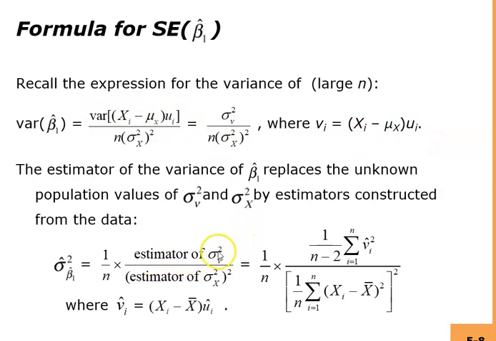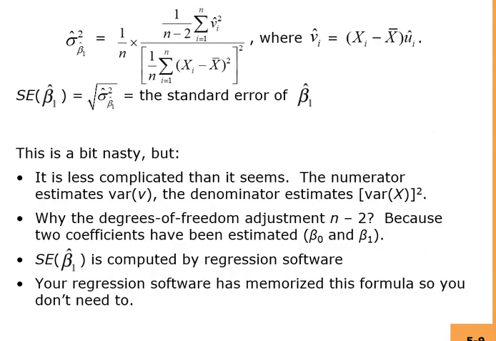So this becomes the estimator of the variance of v divided by the estimator of the variance of x, and that is what we have over here. This is how we calculate the variance of beta 1 hat, and we simply have to take the square root of that to get the standard error of beta 1 hat.